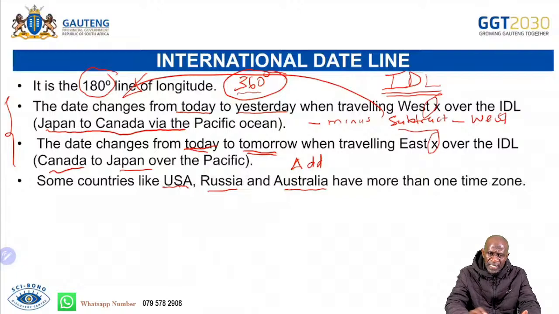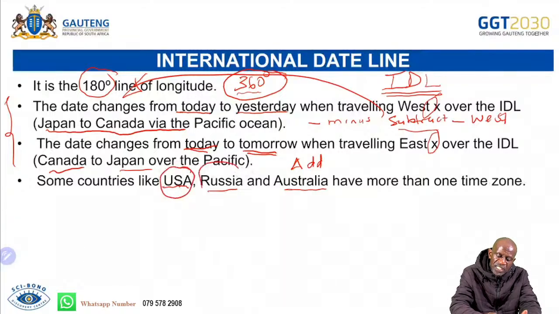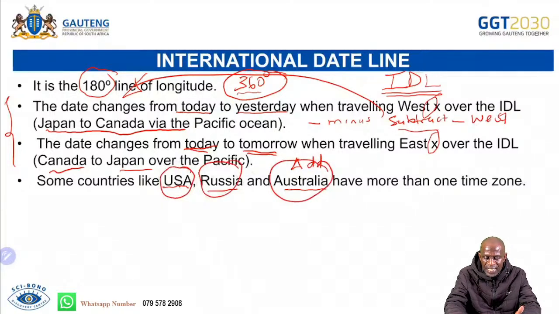So grade 12 learners, please pay particular attention to these 3 countries, cities that are found in these 3 countries, that they are not allocated within the same time zone. So they have different times.